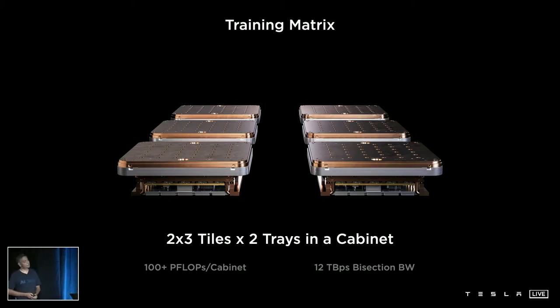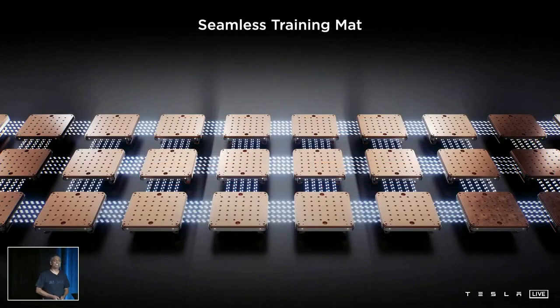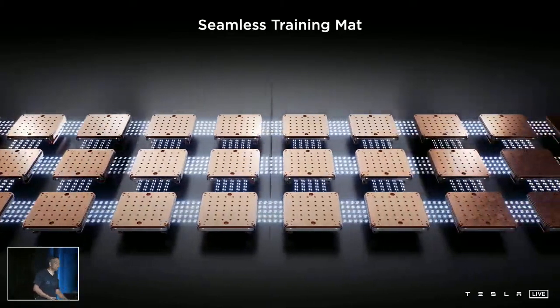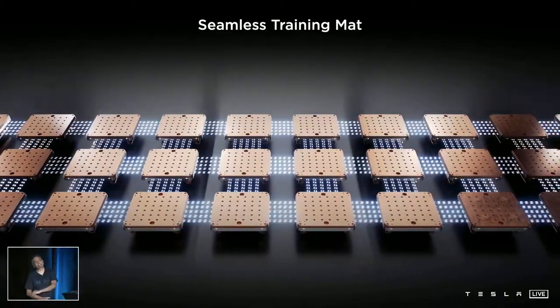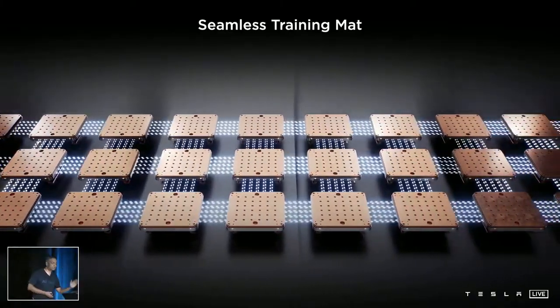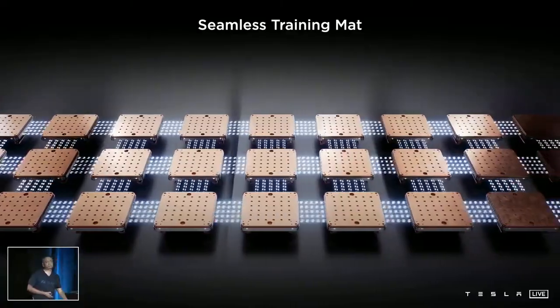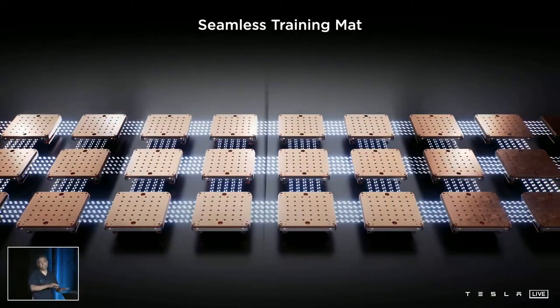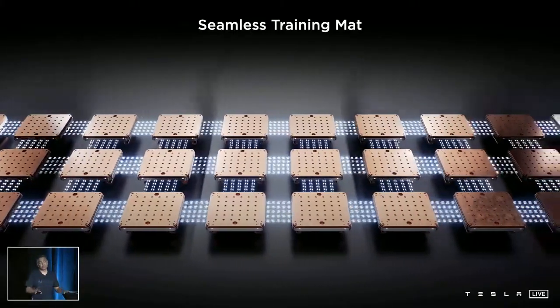Did we stop here? No. We just integrated seamlessly. We broke the cabinet walls. We integrated these tiles seamlessly all the way through, preserving the bandwidth. There's no bandwidth divot out here. There's no bandwidth cliffs. All the tiles are seamlessly connected with the same bandwidth.